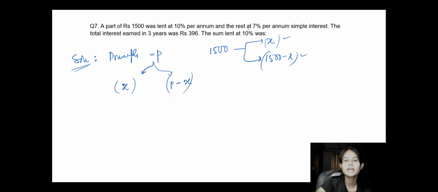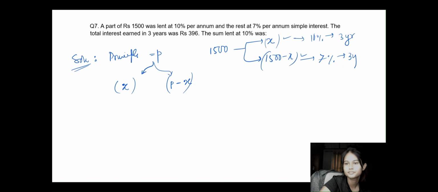Now at 10% and 7%, this part he has put for 10% and this part he has put for 7%. Total interest earned in 3 years. So time is 3 years for both of them. Total SI is given as 396.